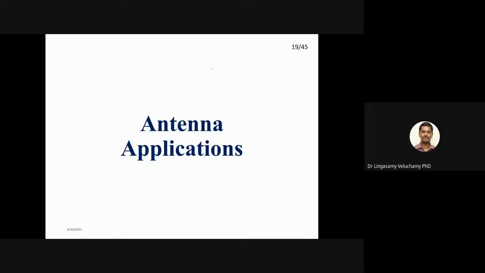Okay, now we are moving on to the actual topic of the day, antenna applications. We are not going to cover all the antenna applications. Antennas find applications in many places like satellite communication, defense applications, implanted antennas, and short range communication like Bluetooth.